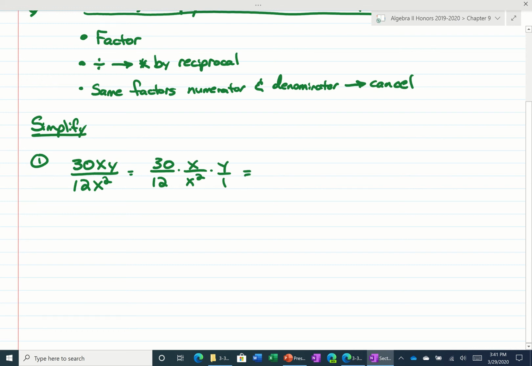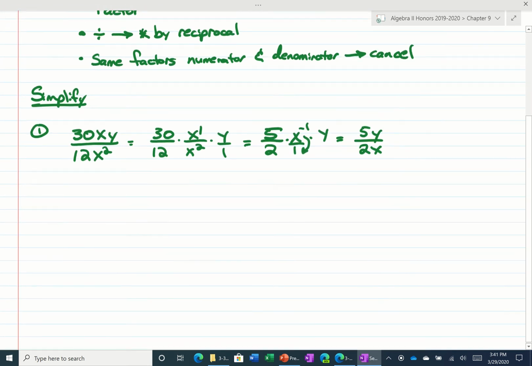So 30 over 12 reduces to 5 over 2. Anytime we're dividing the same base, we subtract their power, so that would just be x to the negative first. And just combining all of these would give us 5y over 2x. Remember, 1 minus 2 would be x to the negative first, which is why that wound up on the bottom.